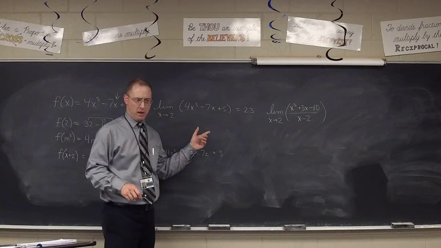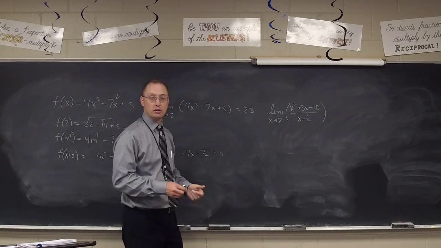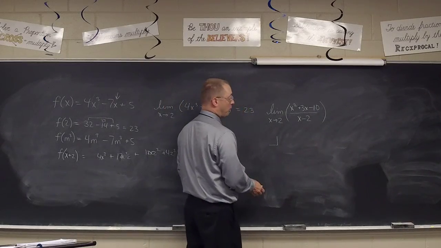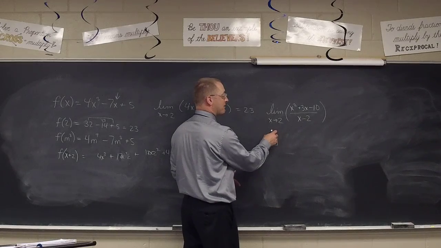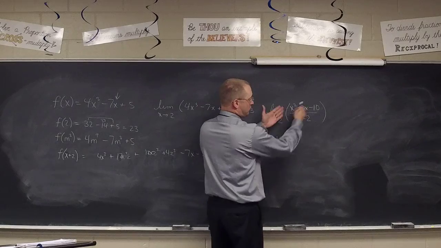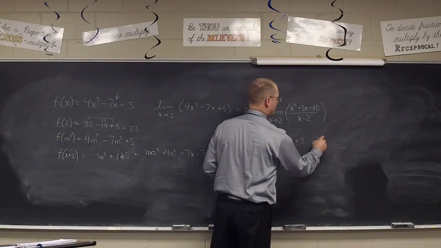But there's a better way. What was the better way for a limit when you couldn't just plug in the number? Synthetic division? We could use synthetic division, remember, where in the half box we would put 2, the actual limit value, which is always the inverse here, right, the positive 2. And next to it we would write 1, 3, negative 10.